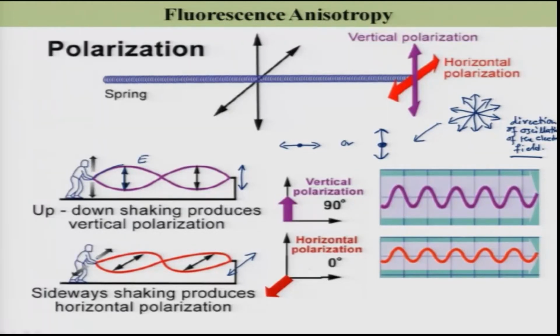In the first case, you get vertically polarized light, where the electric field oscillates vertically. In this case you get horizontal polarization, or 0 degree, where the electric field oscillates horizontally, and this is your direction of propagation. Note that in both cases the oscillation of the electric field is perpendicular to the direction of propagation, but in one case it is vertically oscillating and in the other horizontally oscillating.